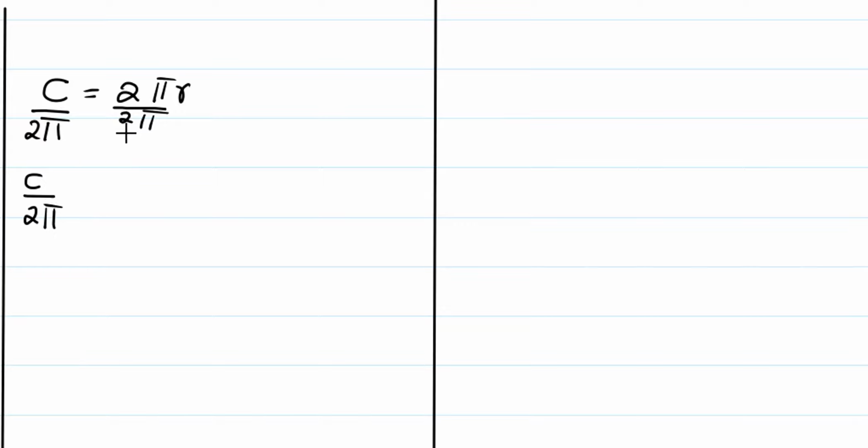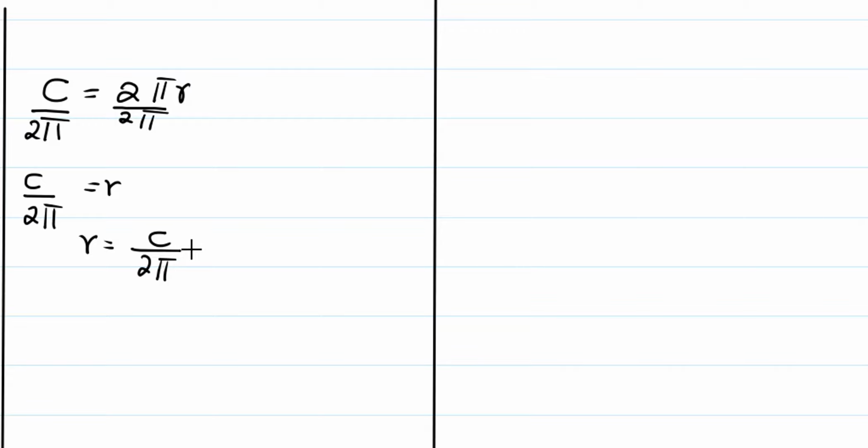These 2 pi cancel, so we remain with R alone. So R has been made the subject of the formula. You can write it like this too: R is equal to C all over 2 pi, and it will be the same thing.